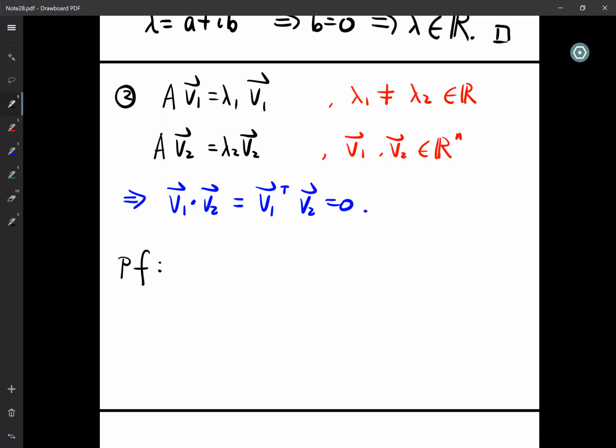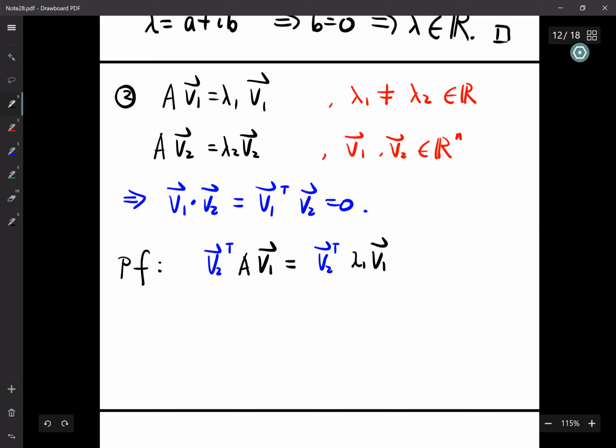We start from AV1 equals lambda 1 V1. I apply V2 transpose to both sides of the equation. V2 transpose AV1 equals lambda 1 V2 transpose V1, okay? And because lambda 1 is just a number, I put it here.